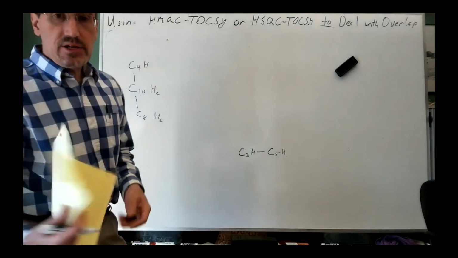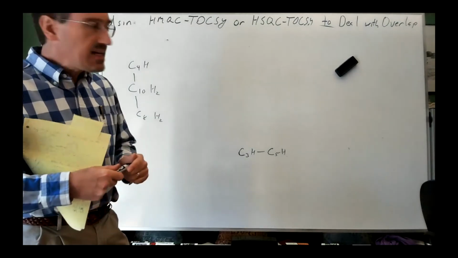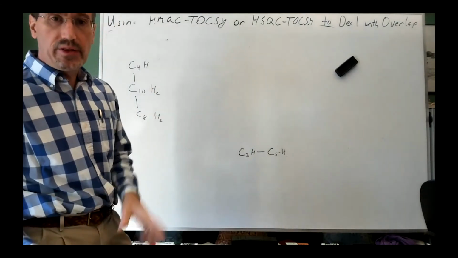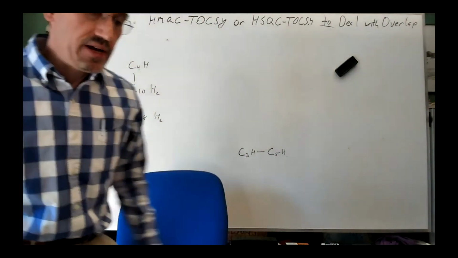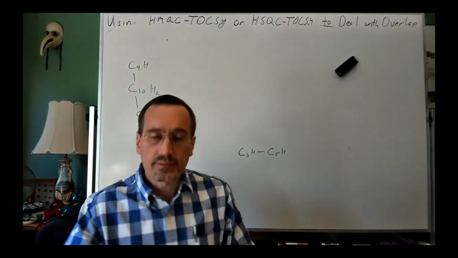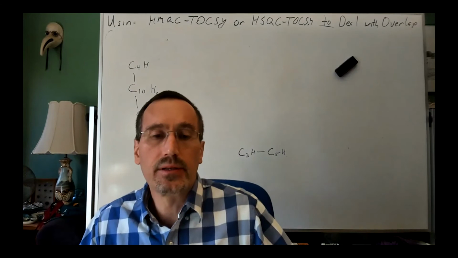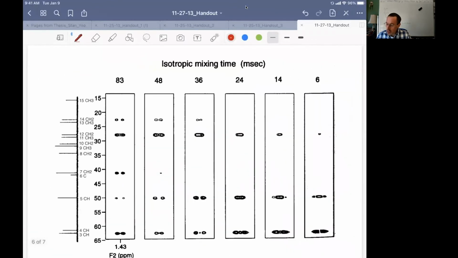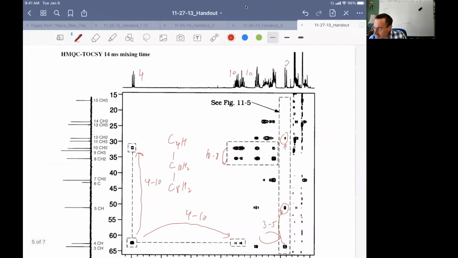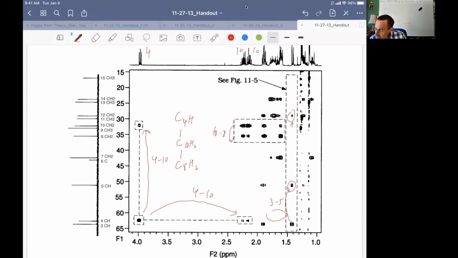Now, I want to continue by varying the mixing time because that's where we're really going to have the ability to just walk through. And I want to show you what they've done over here for us. So I'm going to go back to our handout. What Croasman did in this handout is he did an expansion of this region and they varied the mixing time.